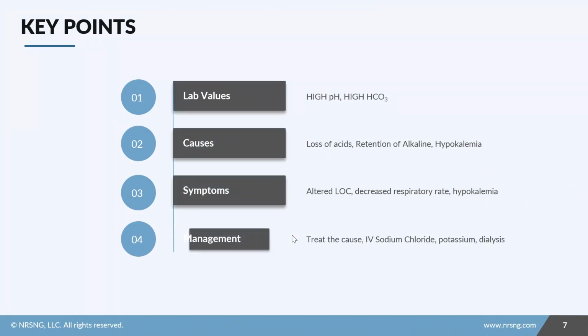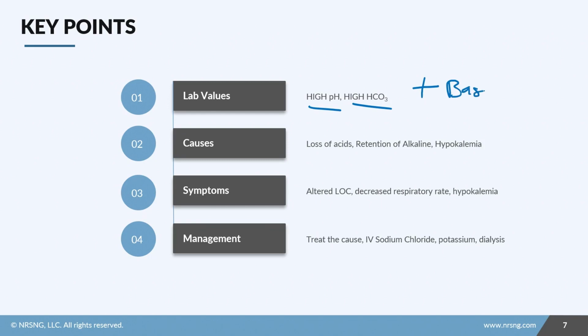So let's recap. Lab values associated with metabolic alkalosis are going to be a high pH and a high bicarb level, as well as a high positive base excess. Causes of metabolic alkalosis are a loss of acids, as in vomiting or NG tube suctioning, or an increase of alkaline substances like with excessive use of antacids or the kidneys just holding on to too much bicarb.